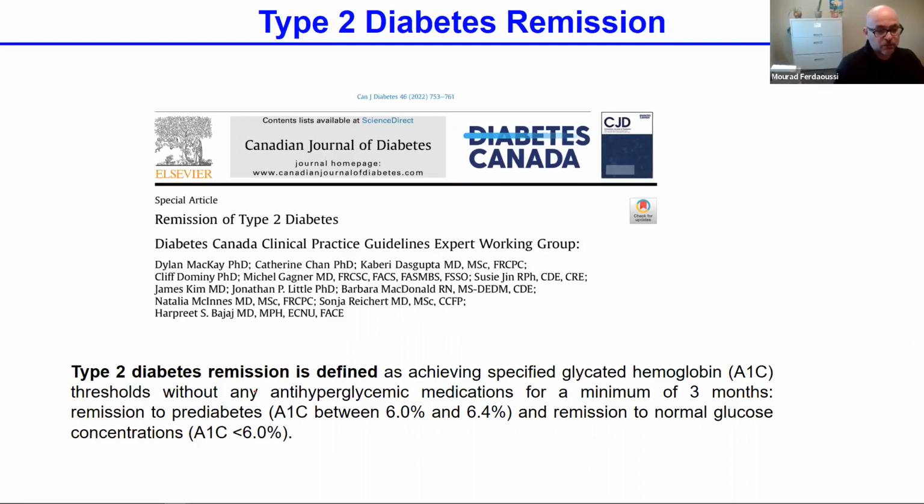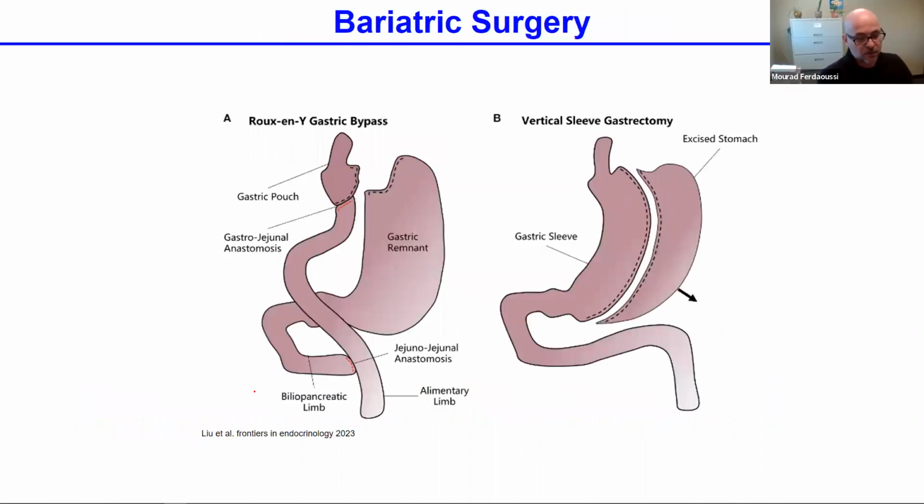How is it possible to cure diabetes, or to be more precise, to have remission of diabetes? One observation was in people with obesity who had the bariatric surgery. This is a surgery that is prescribed for people who have morbid obesity, and the idea behind this surgery is to decrease the nutrient absorption.